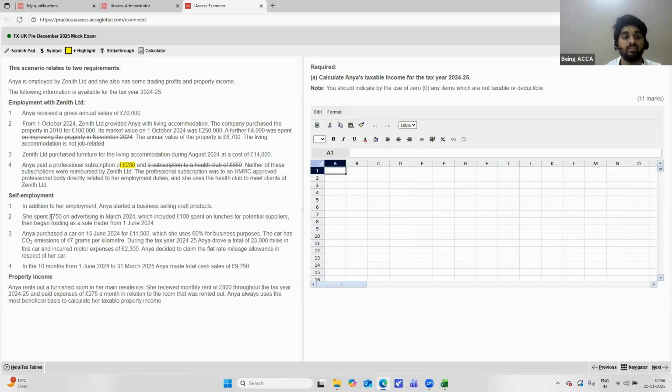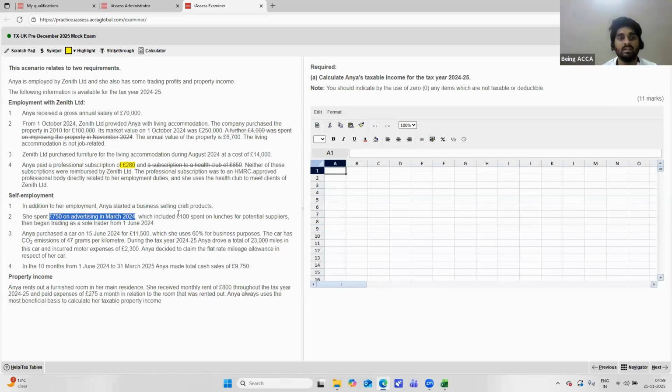The 750 pounds which was spent in March 2024 is pre-trading expenditure, because the business started on June 1st, 2024. In pre-trading expenditure, only those expenditures are allowed which are directly relevant to the business, and they will be considered as allowable expenditure when the business has started.